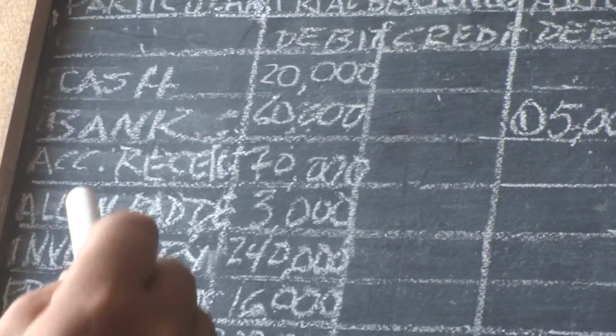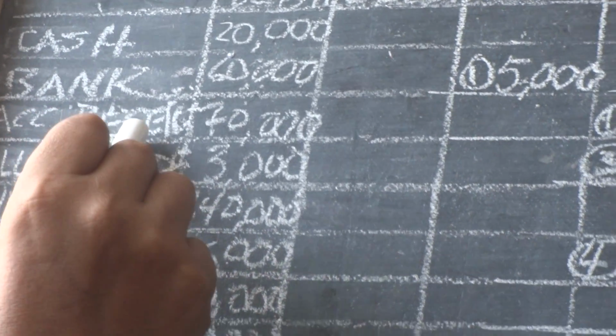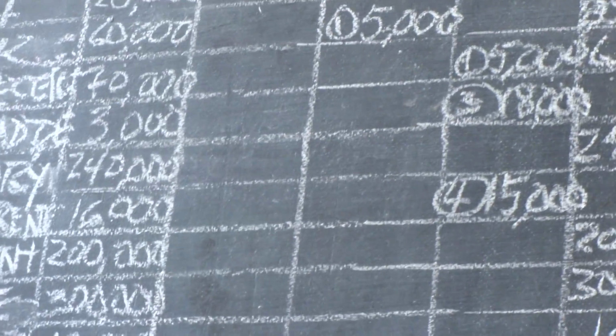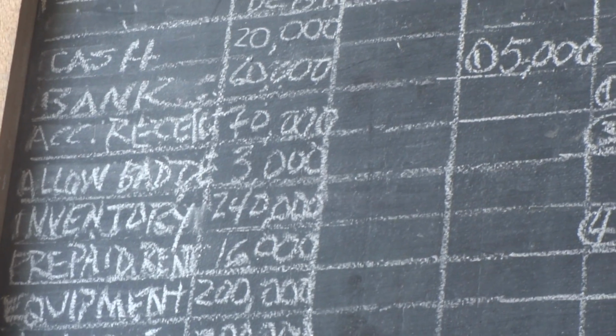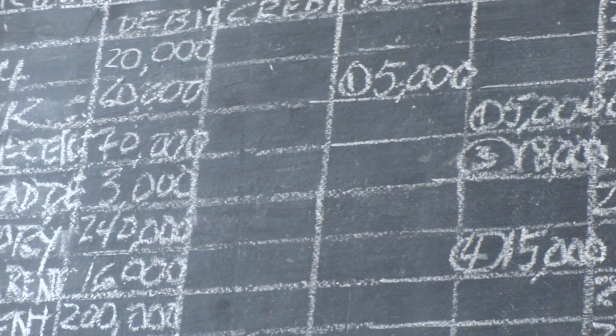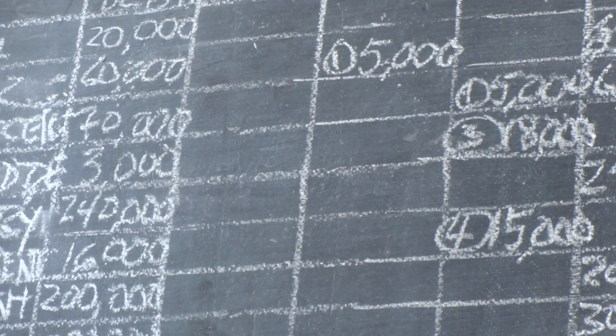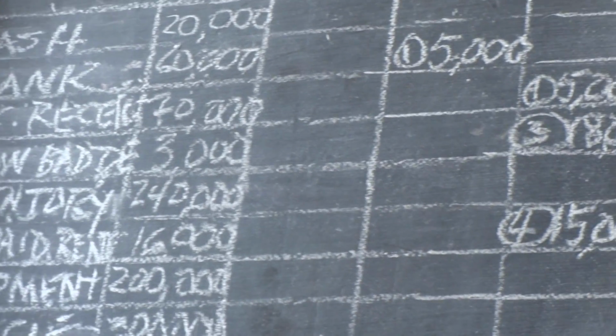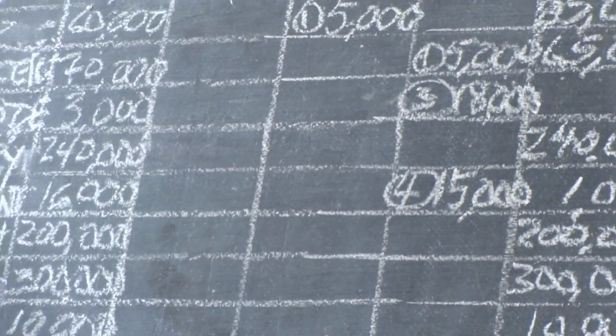Then we have the account called accounts receivable, that are the invoices the company has to collect to the purchasers for the merchandise the enterprise sells.